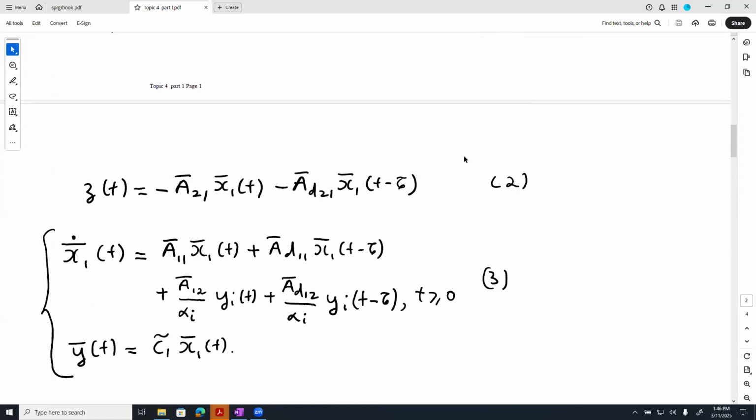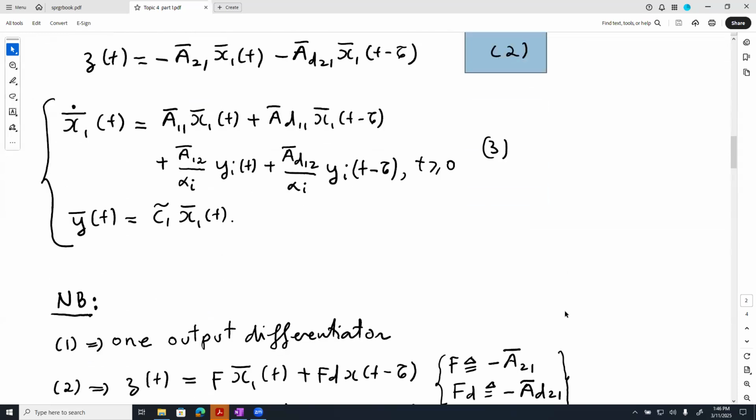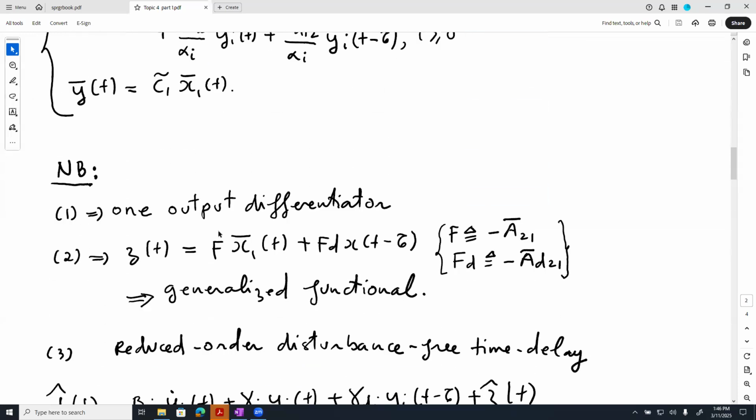And in equation 2, this is the exciting bit about it. In equation 2, if we simply call minus a bar 21 and minus a bar d21 as f and fd respectively, we can see that this generalized functional itself is the sum of the instantaneous linear combination of the internal stack vector and the linear combination of the delay stack vector.